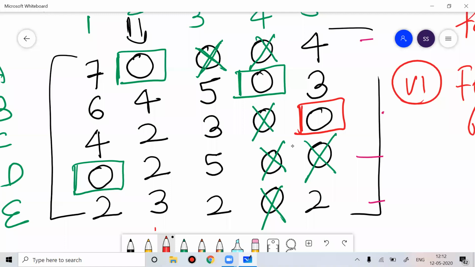So now you have to understand the game, this Hungarian approach, the method I'm talking about here. In this method, you will assign work in every row and column.